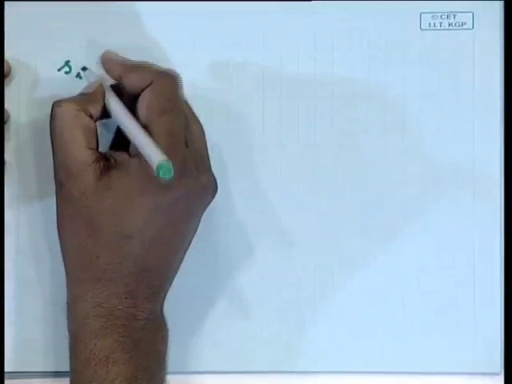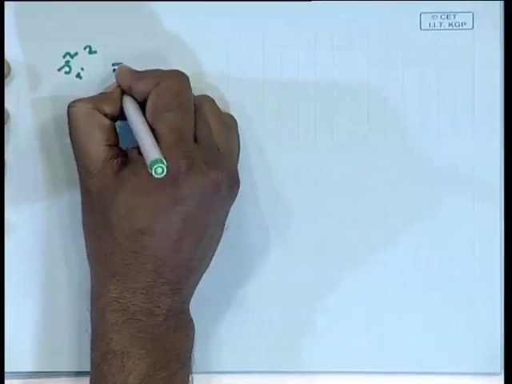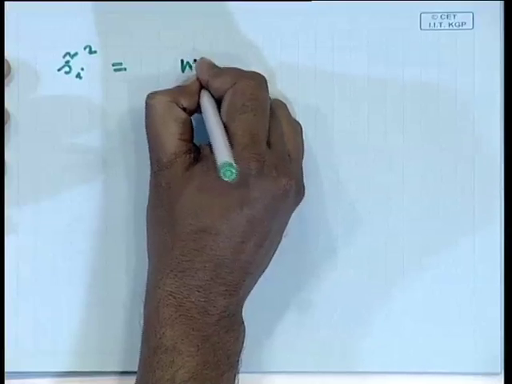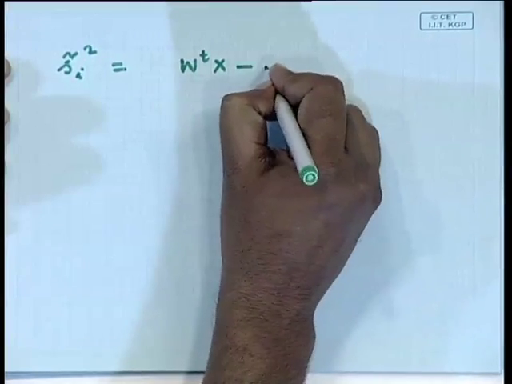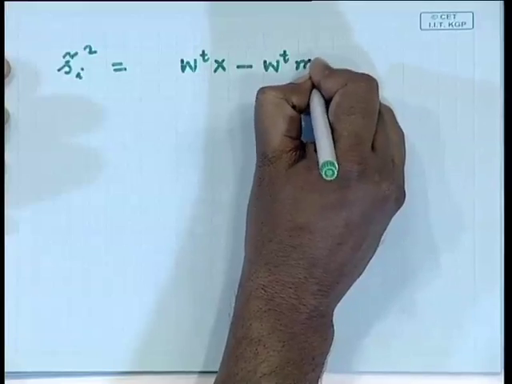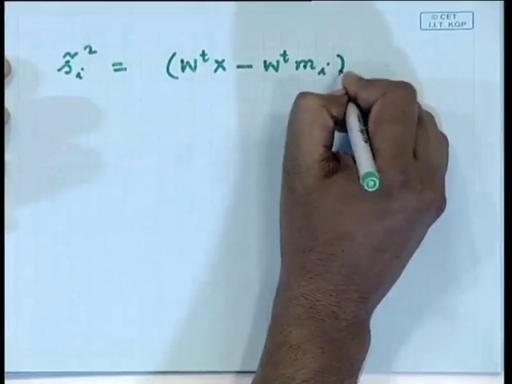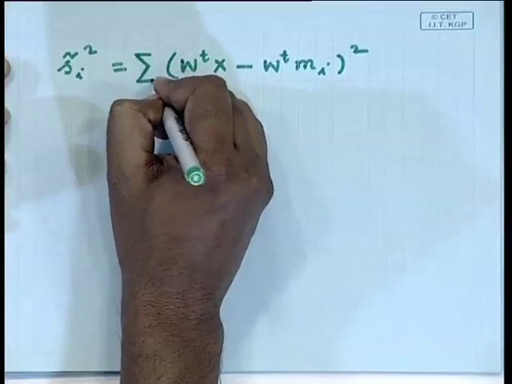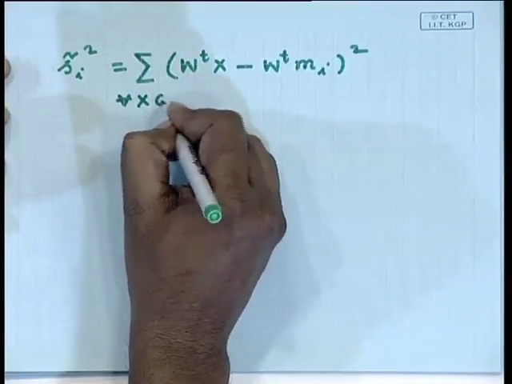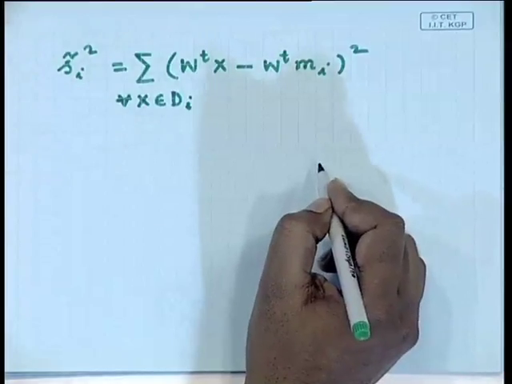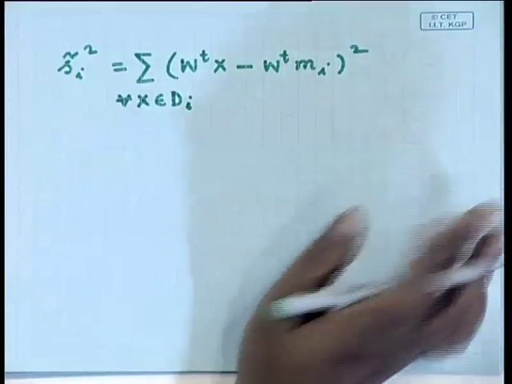Next, let us see what the scatter of the projected samples will be. For that I define S_i tilde square, which is nothing but the sum of (W transpose x minus W transpose m_i) square, taken over all x belonging to set D_i. Earlier we took the scatter of the original samples, now we are taking the scatter of the projected samples.